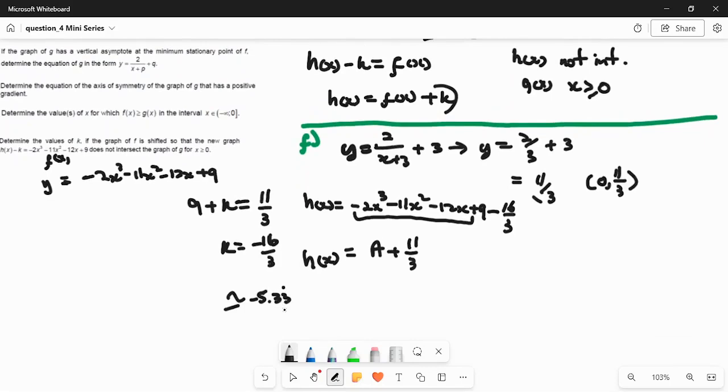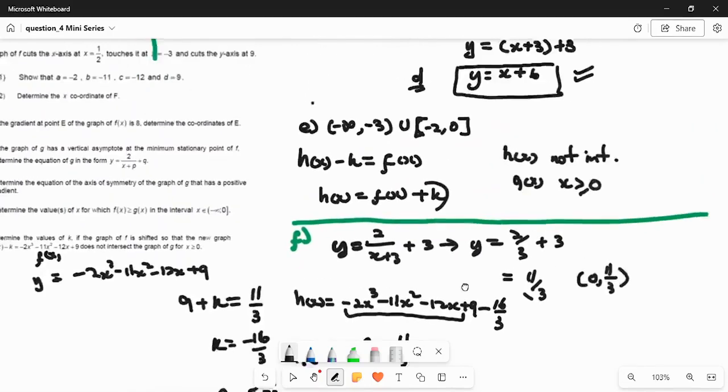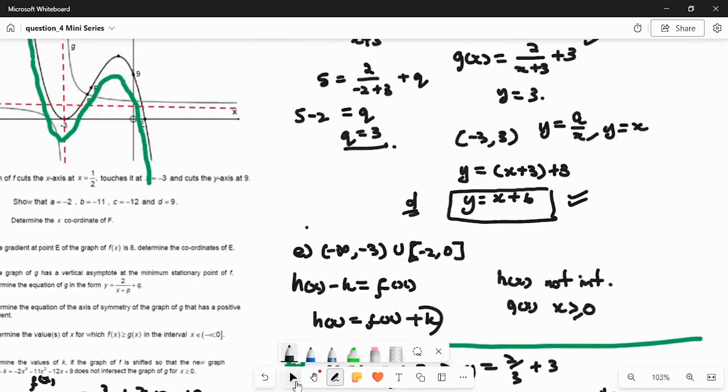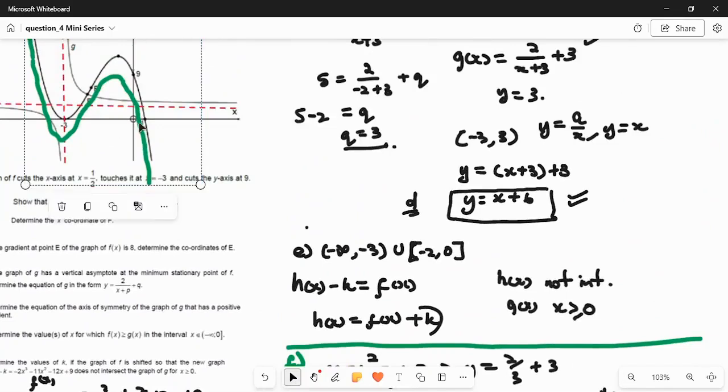So what other value is less than that? Let's just take negative 5.34, which we know is less than that. If ever we add a value that is lesser than that, our y-intercept will no longer be that value. Instead, it's going to lie below that value, meaning our function will move further downwards. For now, we are intercepting at 11 divided by 3, right? But if our k is less than negative 16 divided by 3, our function will shift a bit further down.